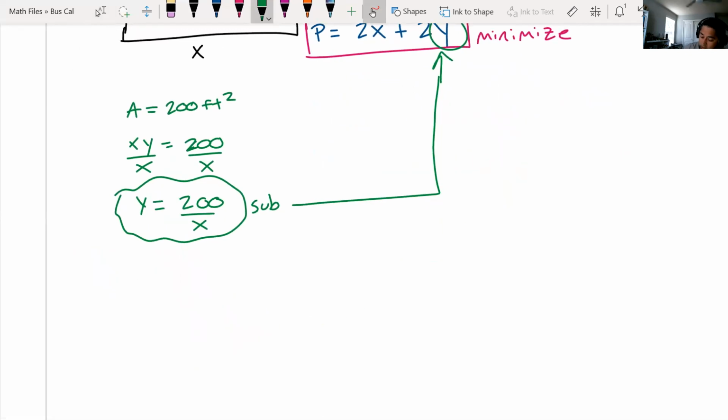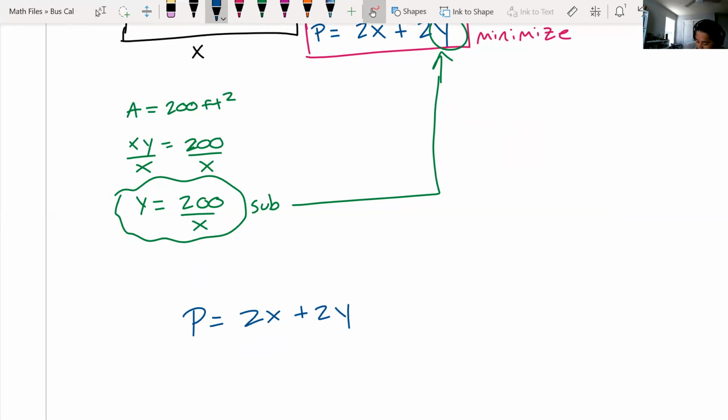Now I'm going to show you why we are making a substitution. Take our perimeter equation, and if I said to optimize it to find a max or min, remember the process: you take the first derivative, set it equal to zero, and solve for x.